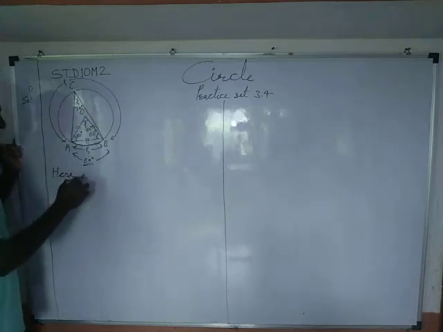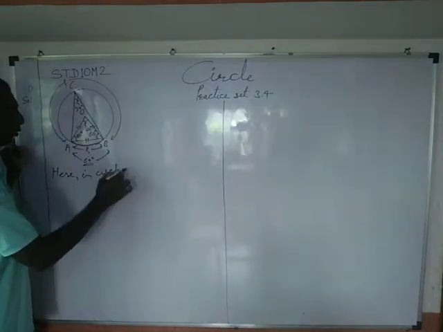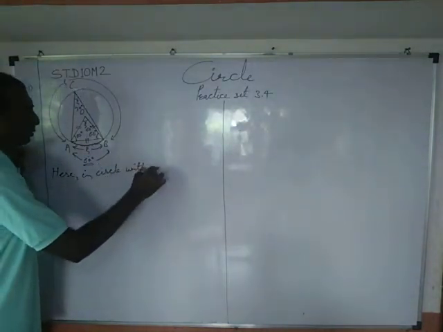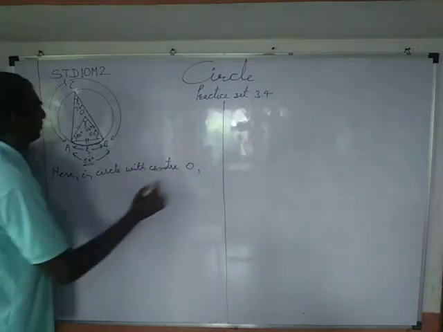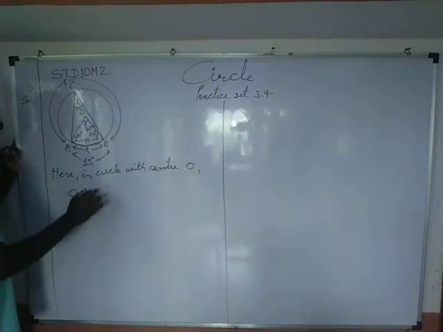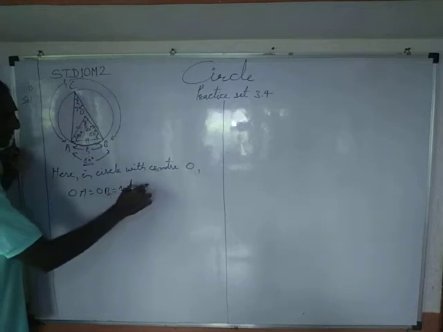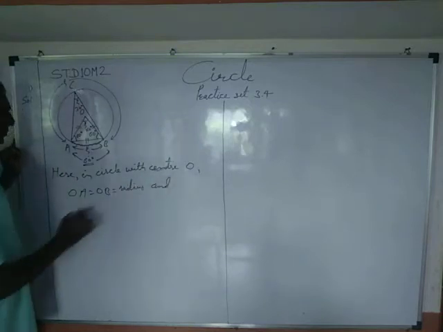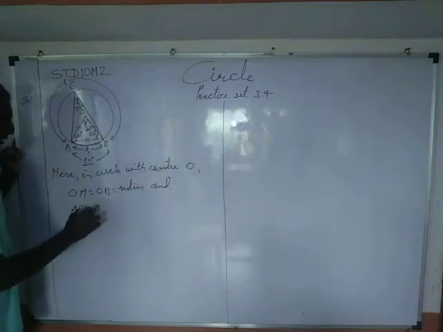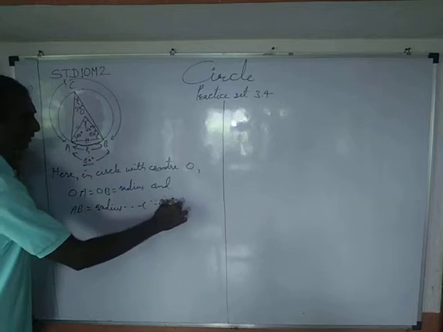Here, in the circle with center O, OA equals OB equals radius and AB equals radius, since it is given.